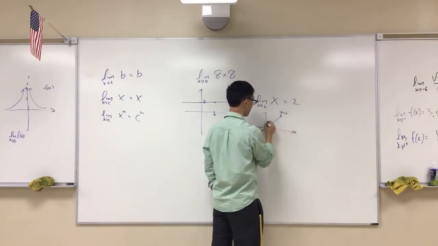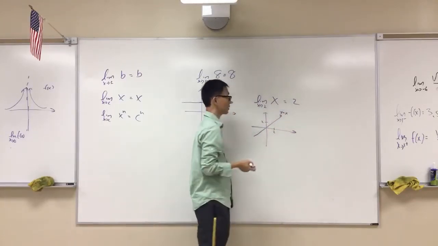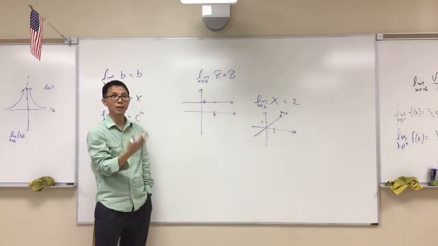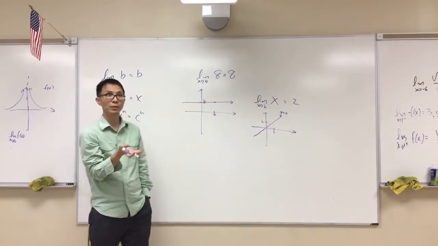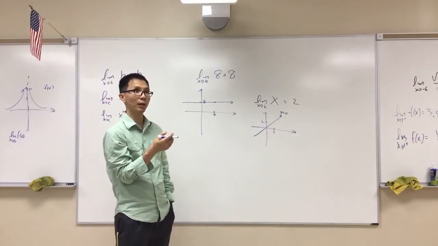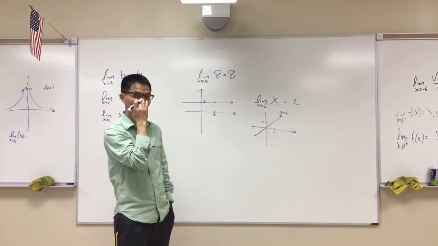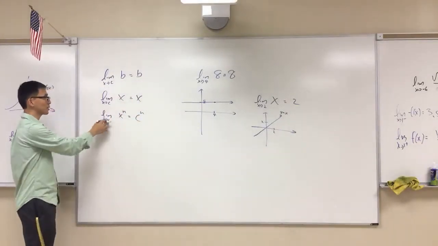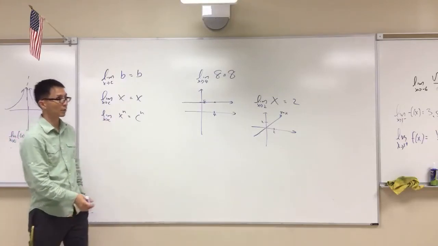And if I approach 2, this value is also going to be 2. So that kind of makes sense, because x and a constant are different types of lines. One is a flat line, one is a 45-degree line through the origin. Now, the last one is self-explanatory, just substitute in, and you're going to get an answer, and you're done.